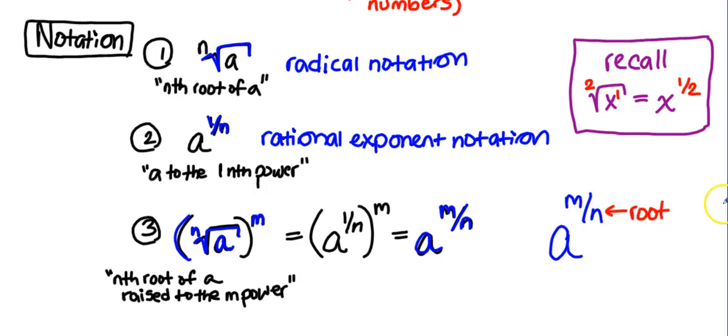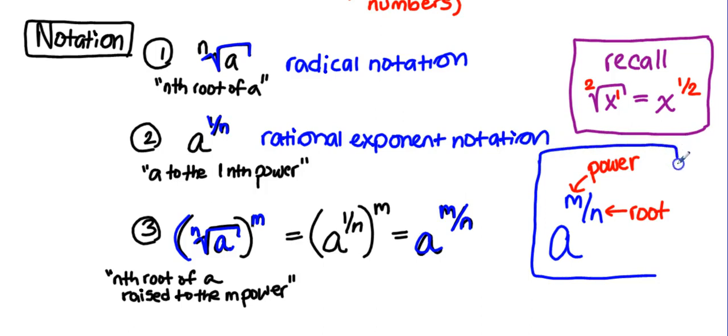The denominator of the exponent is always the root, and m started out as the power. So here, m in the numerator is always the power. And this is always true from today forward for us. Whenever we have a raised to a fraction, the numerator is always the power, and this is the root.